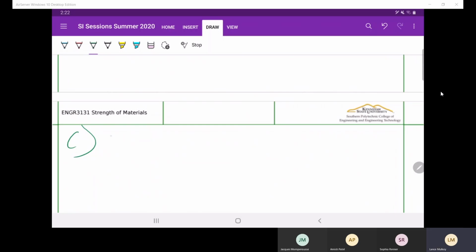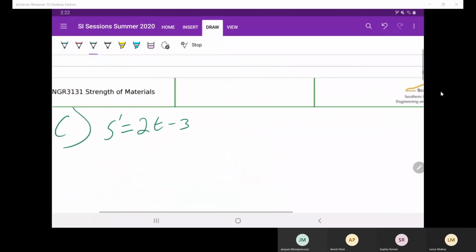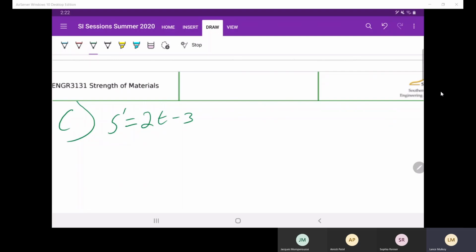What do we do with the first derivative? Any ideas? No, you do not plug in acceleration. It wants to know what time t does the body change direction.